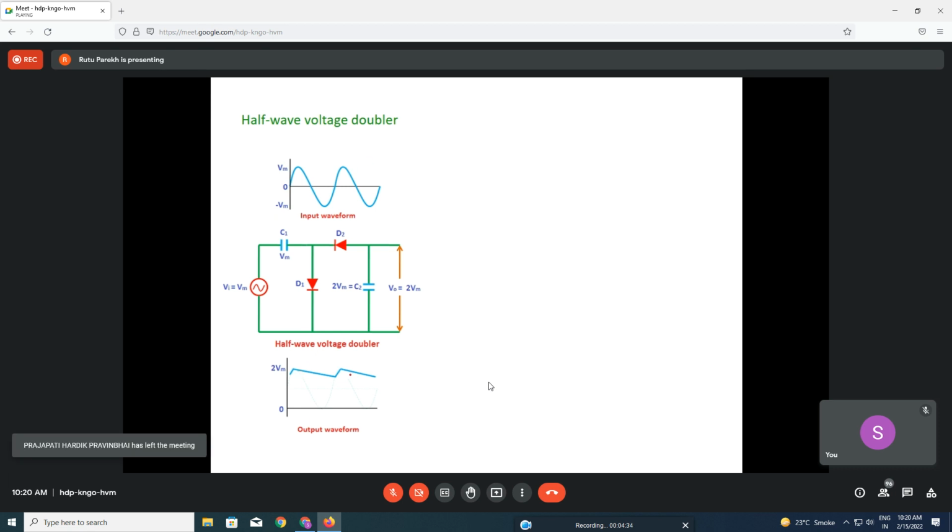So this is almost pulsating DC, right? And that is twice this. Okay, so 2 Vm. In case of tripler, you will get a 3 Vm. So the input is an AC, the output is DC, which is twice or thrice the peak amplitude. Okay, so that's the goal.